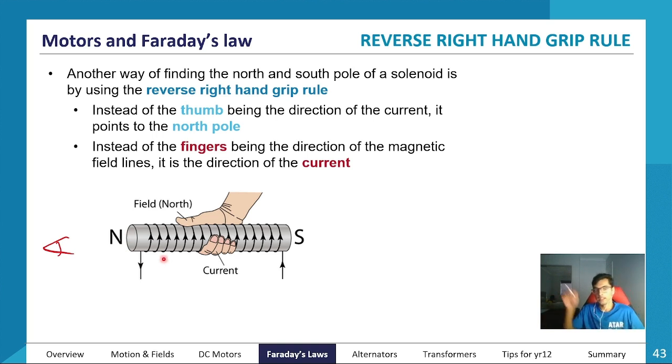And if it's traveling anti-clockwise, you know that side is the north side. If you were to do the same exercise and look from this side, you can see that the direction of the current is going clockwise. And since it's going clockwise, you know that clockwise is the south, and anti-clockwise is the north. So that's about 3 ways you can figure out the direction of north and south from a solenoid.